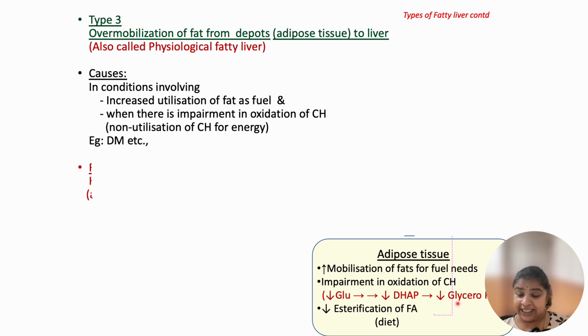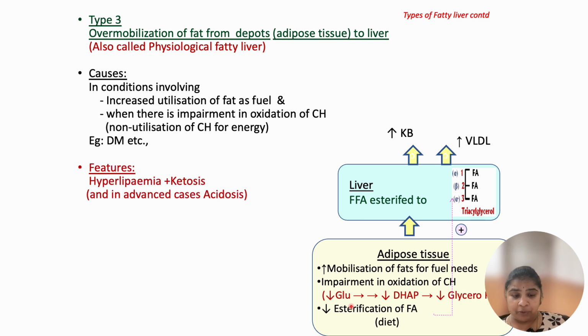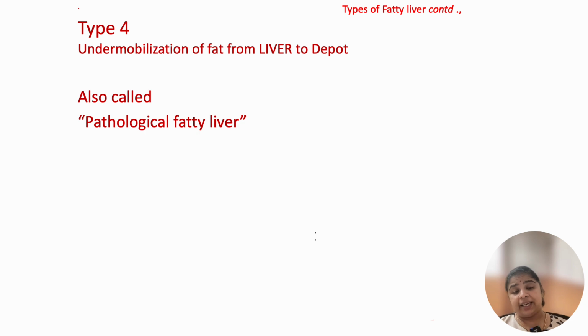So, there is less DHAP, less glycerol phosphate, decreased esterification. All the fatty acids that are released are esterified into triacylglycerols in the liver, with increased production of VLDL, and because fats are being utilized there can be increase in ketone bodies. This leads to hyperlipidemia, and ketosis in extreme conditions can lead to ketoacidosis also.